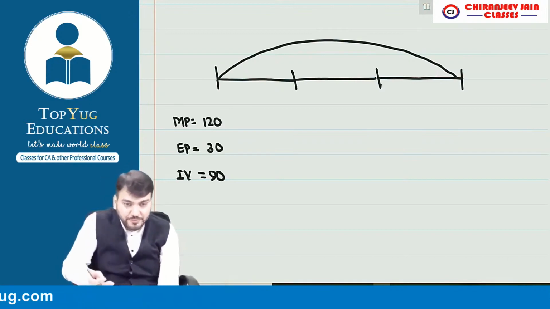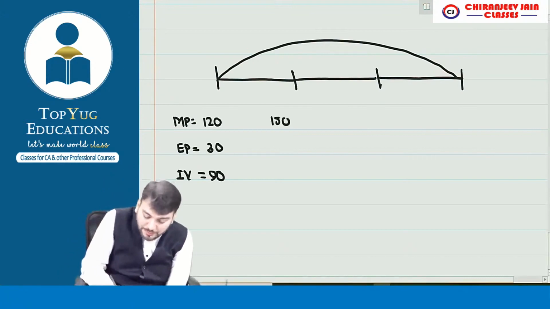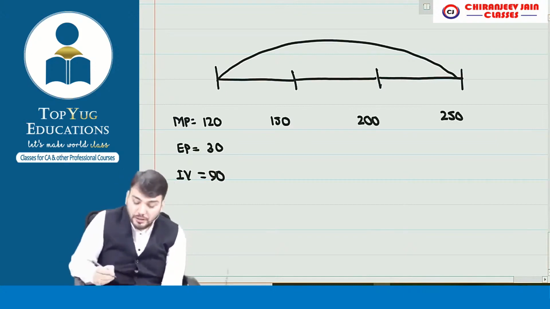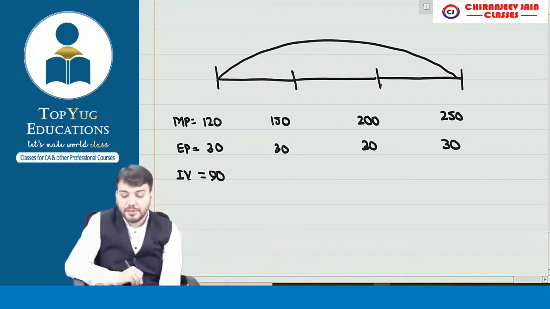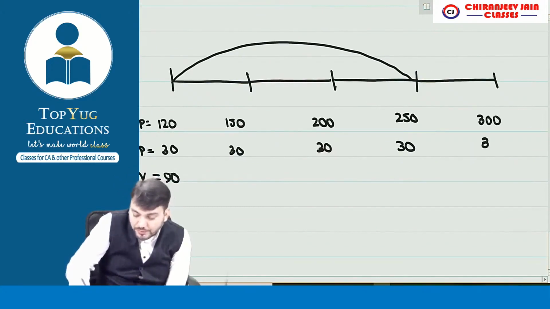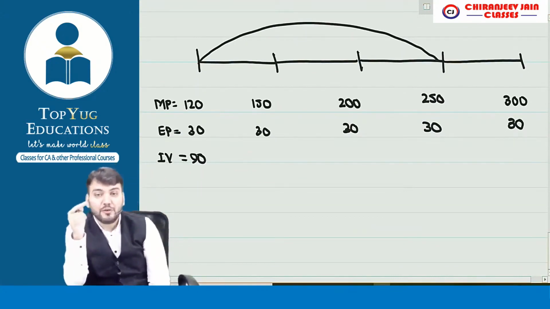Of course, it will change during the vesting period. It might happen market price becomes 150, then 200, then actually 250. Exercise price remains the same. And suppose on exercise day it becomes 300, then also this remains the same. Can I say intrinsic value of option will change due to change in market price.